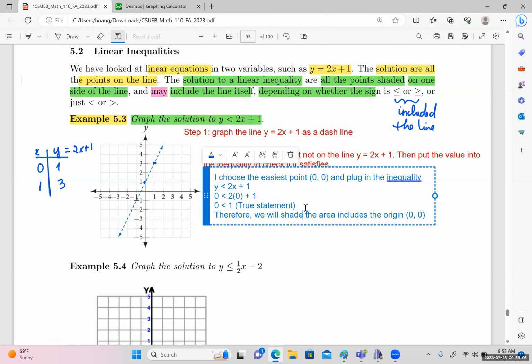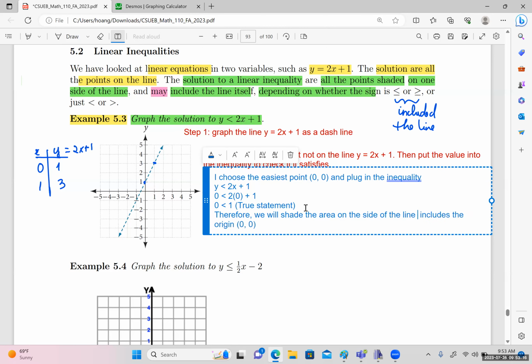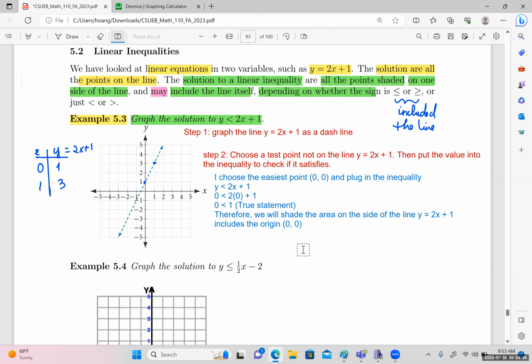We say the area on the side of the line y equal to 2x plus 1 that includes the origin. Okay, that makes sense, right?